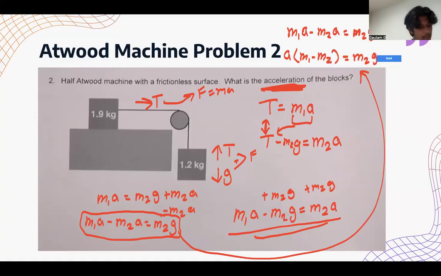Does that make sense to people how I factored that A out? If you know the distributive property, that would be very helpful.